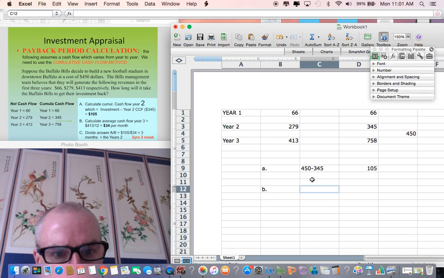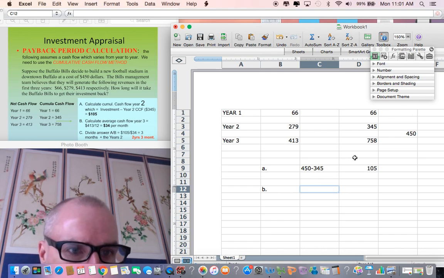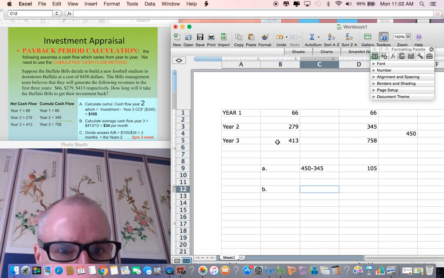What you're going to do now, this is probably the trickiest part, is you need to figure out how many months in year three you are going to get your money back. If I'm talking 1 month or 11 months, that's a huge difference of getting your money back. So when somebody says, I'll pay you this year, you probably want to know how many months or how many weeks.